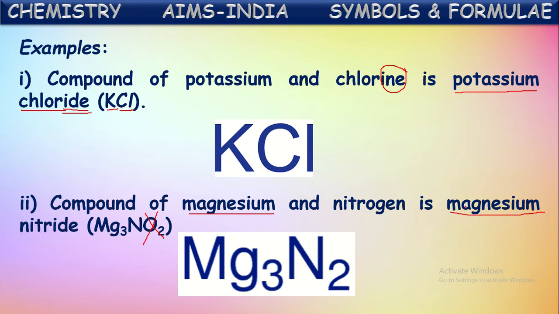And next, the non-metallic part is nitrogen. So after writing magnesium, nitrogen is written. But from this nitrogen name, some letters are removed and ide is attached at the end of the name. So these are removed and ide is attached. Now it became magnesium nitride.